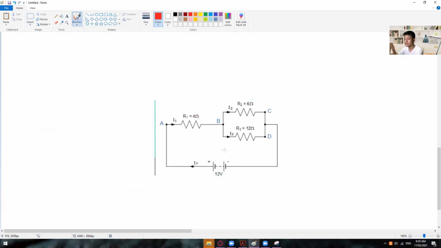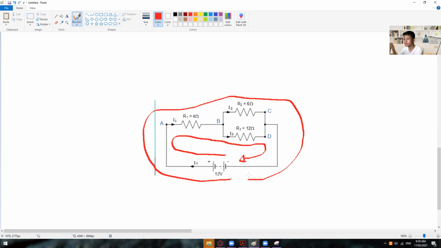So we can actually have the first loop inside. It will pass through this IT, R1, R3, and then going back to our voltage source. And then we can have another loop outside.